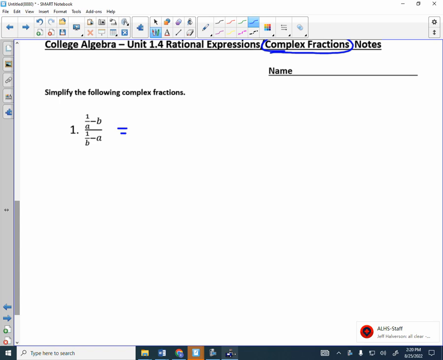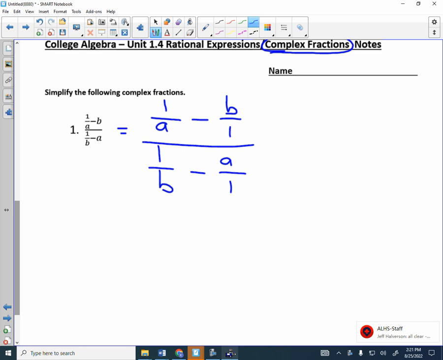We first take this fraction and decide to make one fraction in the numerator. Who can tell me what the common denominator is for the numerator? A. Everybody agreed?